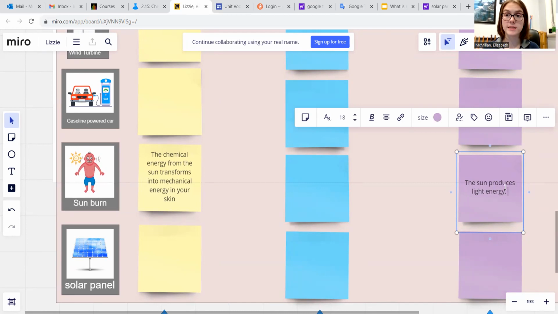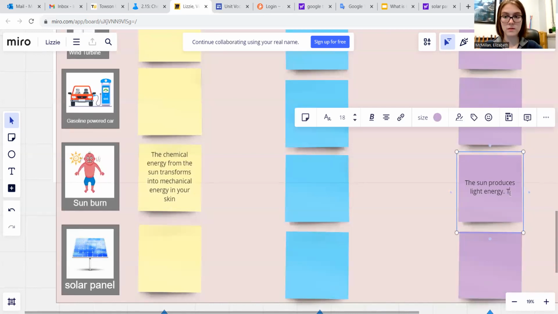Let's take a look at that second part of the sentence again. The sentence was: the chemical energy from the sun transforms into mechanical energy in your skin. Remember, mechanical energy is the energy of movement, right? So mechanical energy isn't happening in your skin when it gets heated up by the sun. That would be an example of thermal energy, right? When you get a sunburn from being in the sun all day, it makes your skin really hot. So this should be thermal energy, not mechanical energy.